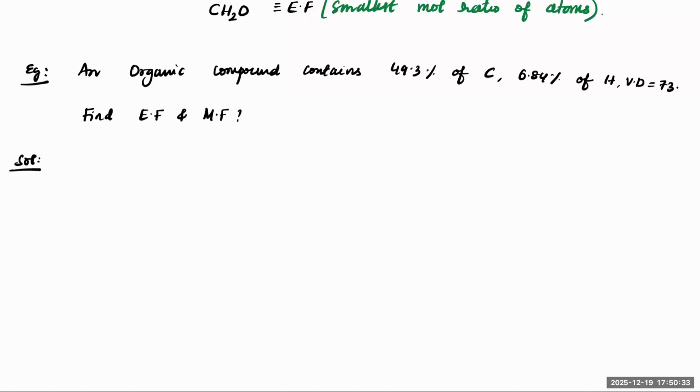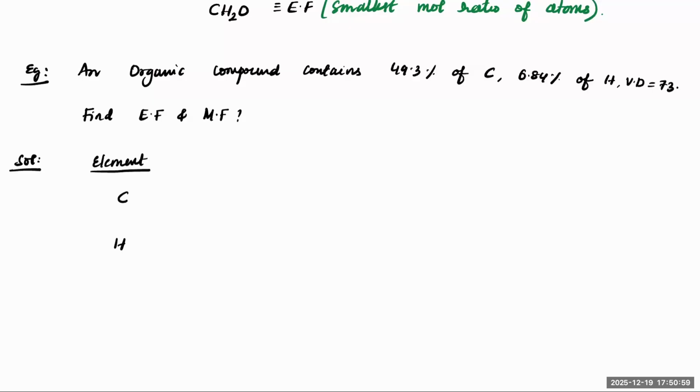Now, how do we identify that? You can figure it out by a table. You start with the elements. We have three elements here: carbon, hydrogen, and the rest is oxygen, which usually will be given.